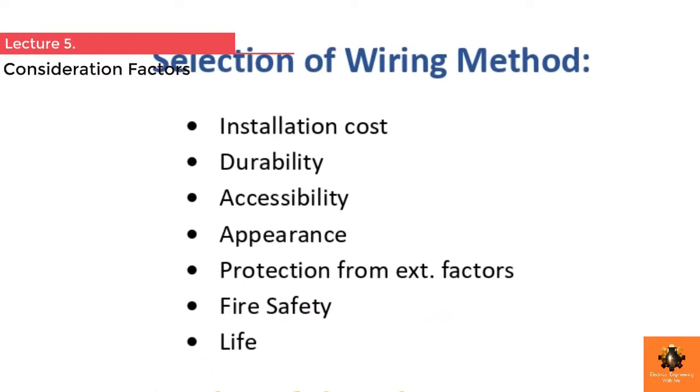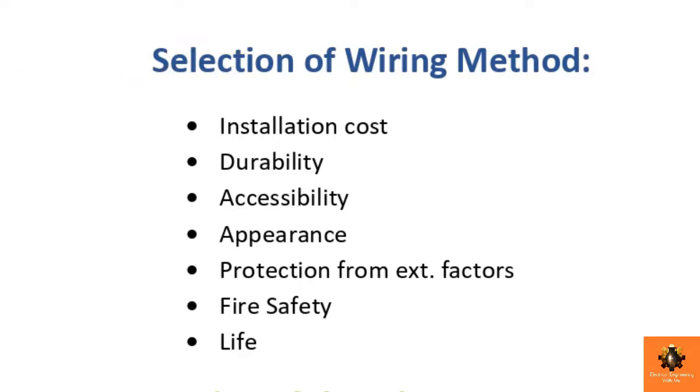Then after all, we have to discuss some basic factors that should be considered during the selection of a wiring method. Some of the most essential factors we are going to discuss here. First one is installation cost. Before selection of any method, compare the initial installation cost with respect to other methods also, to satisfy the client's budget.